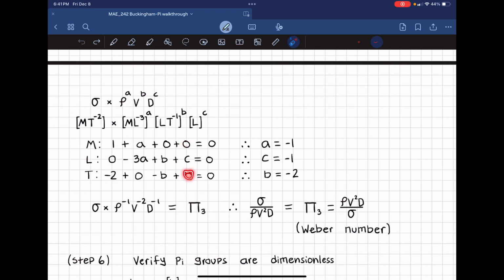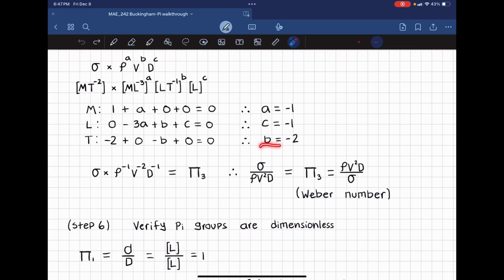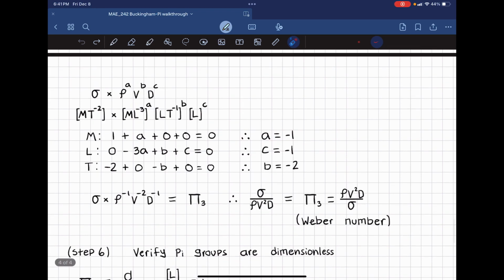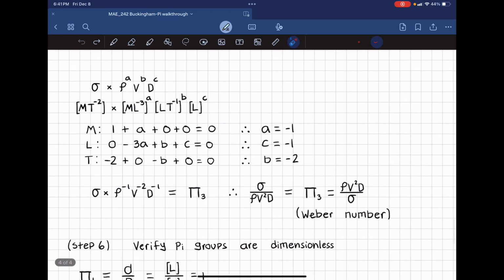We don't have a T term, that's 0. It's just L power C, so that's going to be a plus C. We set those all equal to 0, and we solve. For this one, we end up with A is equal to -1, C is equal to -1, and B is equal to -2.